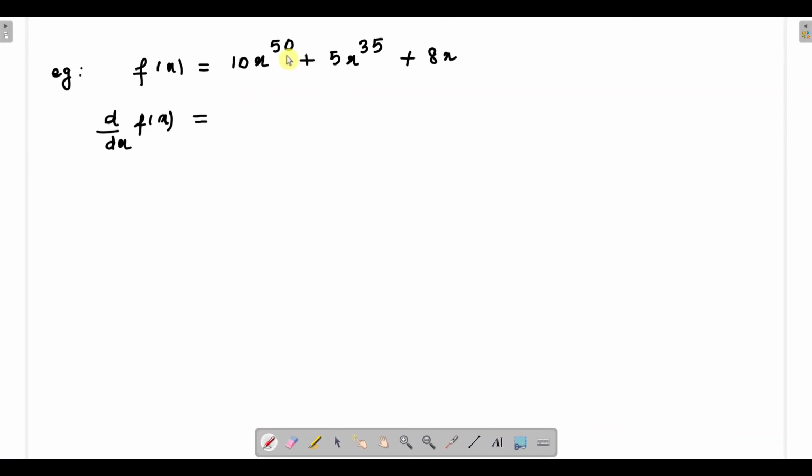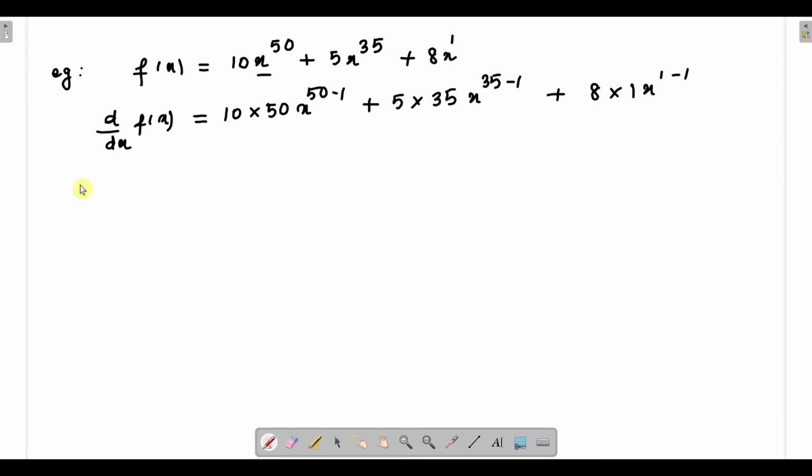You can see the degree of the polynomial is 50 here. So this will be 10 times the derivative of x raised to 50. This is an x raised to n type function. So it will be 50 multiplied by x raised to n minus 1, that is 50 minus 1. Okay, so plus 5 times, now n is 35, so 35 times x raised to 35 minus 1, plus 8 times, here this is x raised to 1, so 1 times x raised to 1 minus 1.